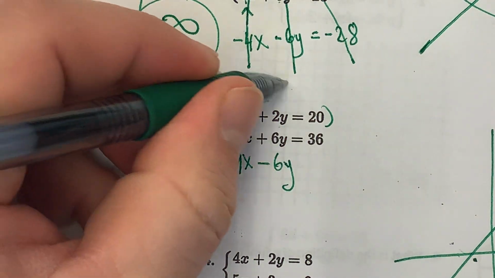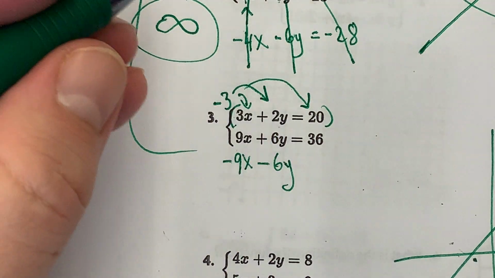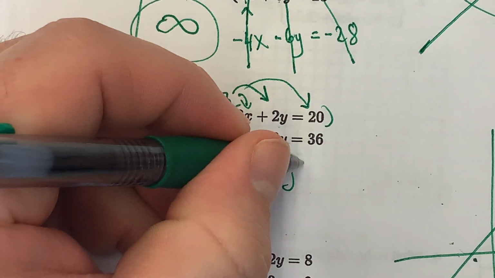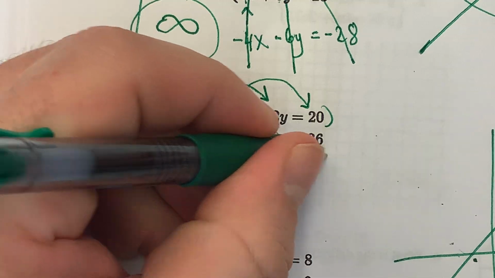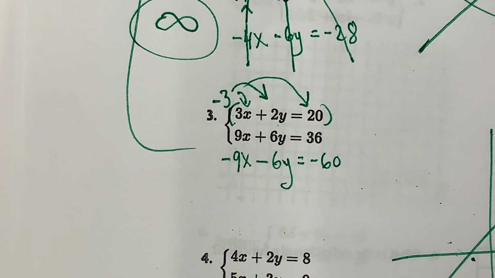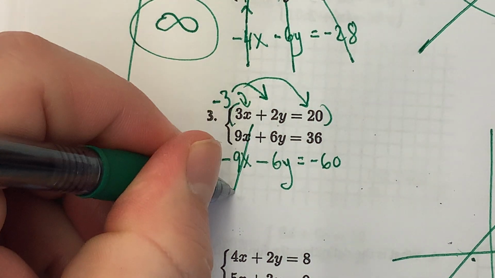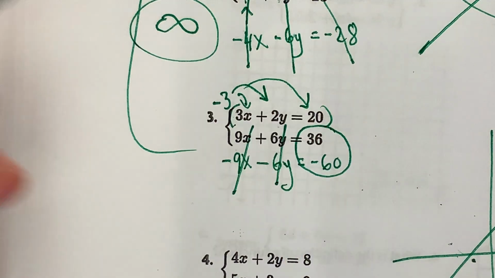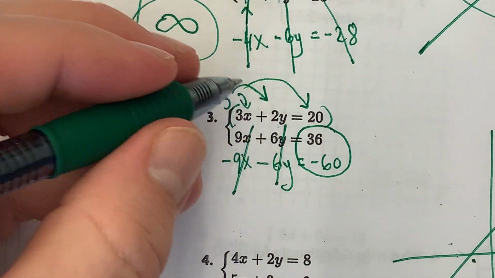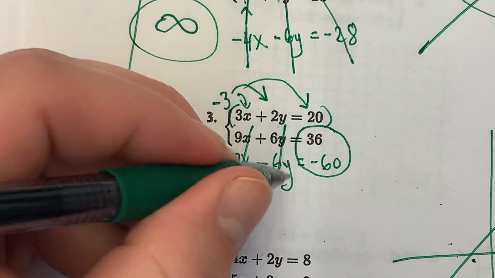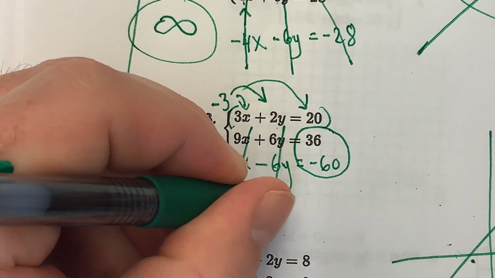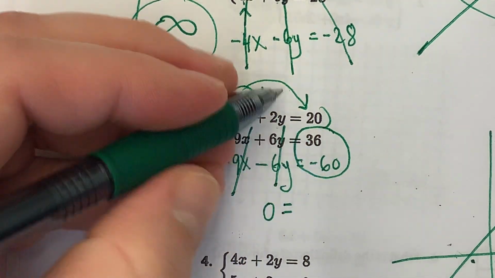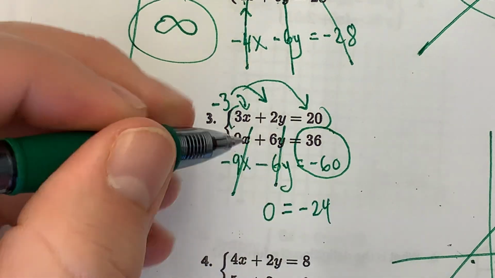However, look at the last one. Negative 3 times 20 equals negative 60. And so you will cancel this and cancel this, but these don't cancel. And this is where zero, like no solution comes in. So you end up with 0 equals this value here, which is negative 24.